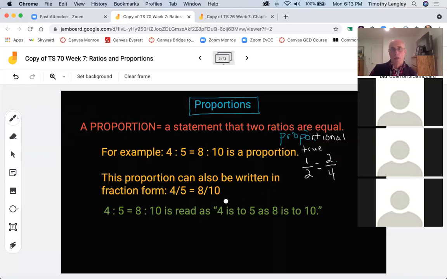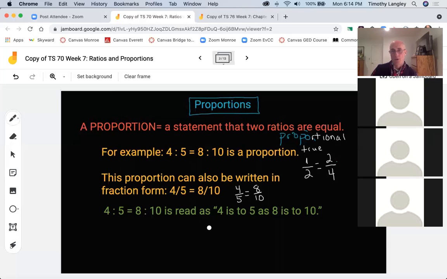And so if we had the ratio of 4 to 5 and 8 to 10, you could write it out as a fraction: the ratio 4/5 equals the ratio 8 to 10. And right now you're probably going, hey teacher, how do I know that these two ratios are proportional, that they're a true proportion? Here's the magic secret, which you probably want to add to your notes. Cross multiply.